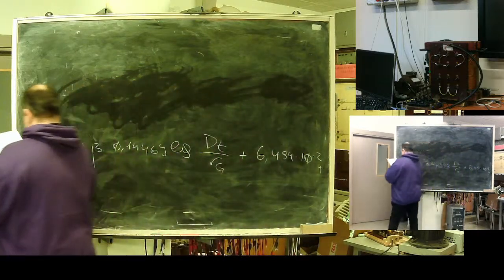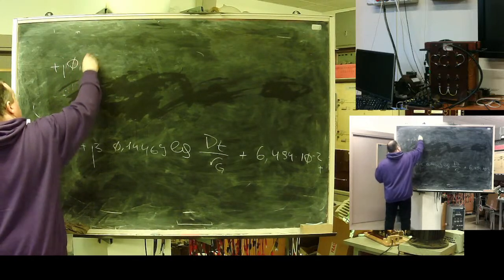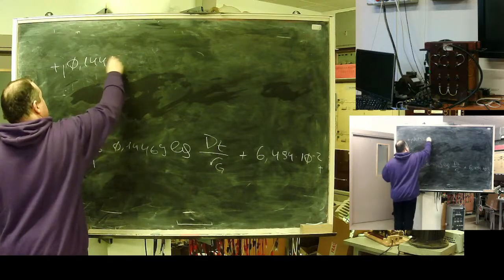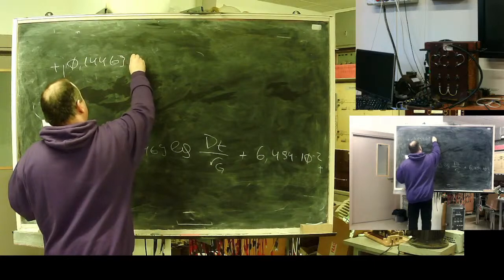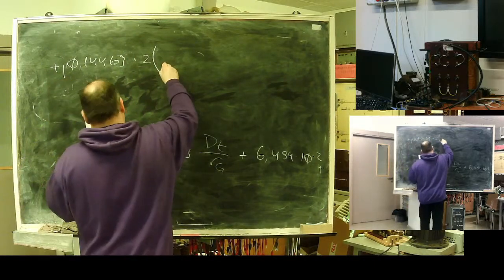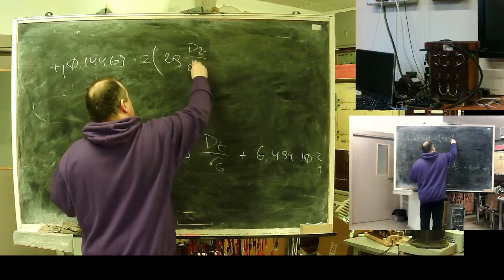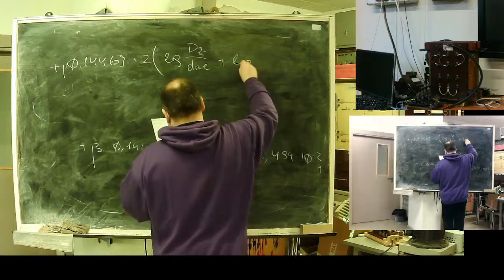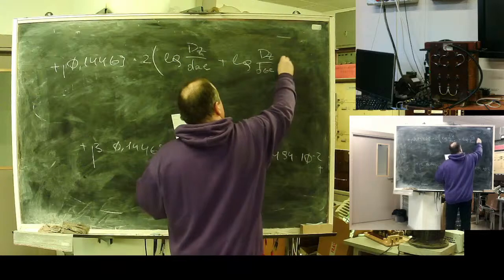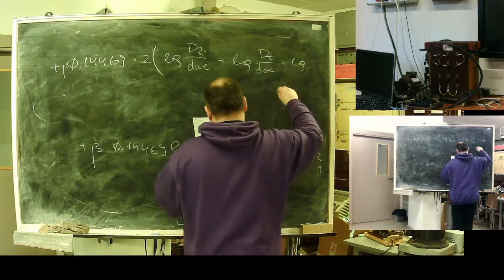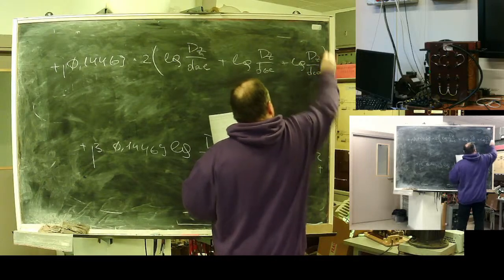So continuing, plus 0.1469 multiplied by double logarithm DAB plus logarithm BC plus logarithm DCA.